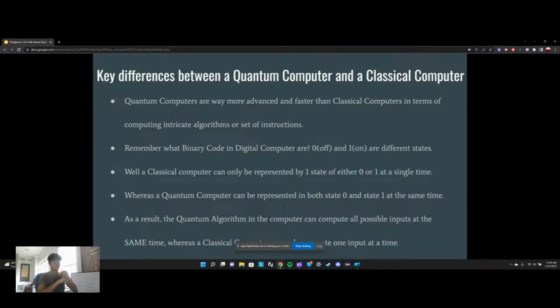And this binary system implements a quantum algorithm in the computer, which can compute all possible inputs at the same time. Meaning that if we were to find the cure for cancer, right, there would be a numerous to almost infinite amount of solutions for that cure.